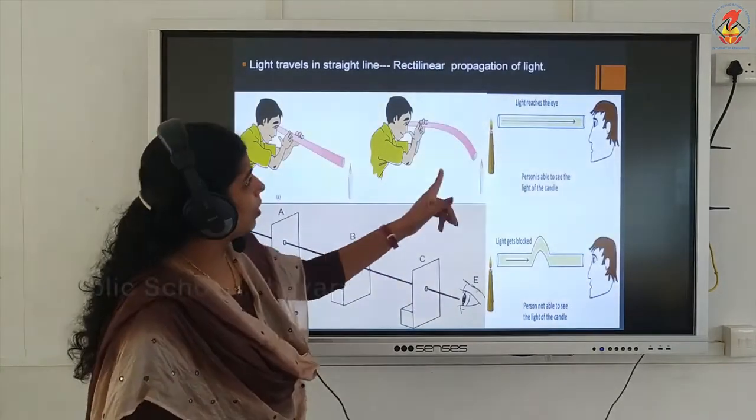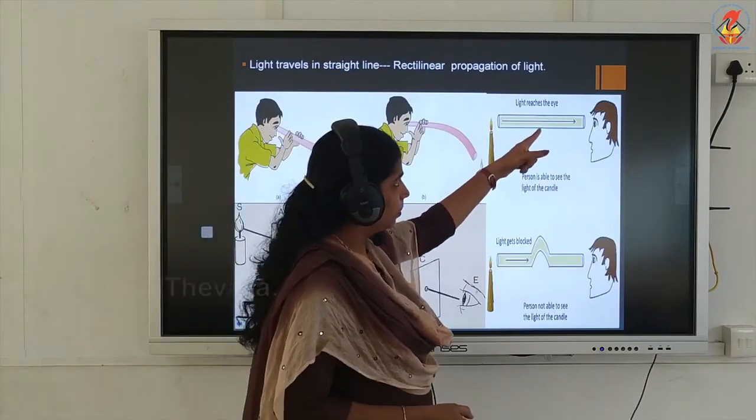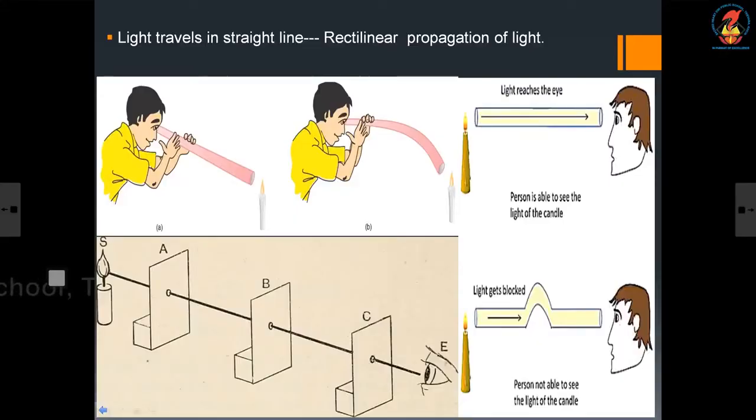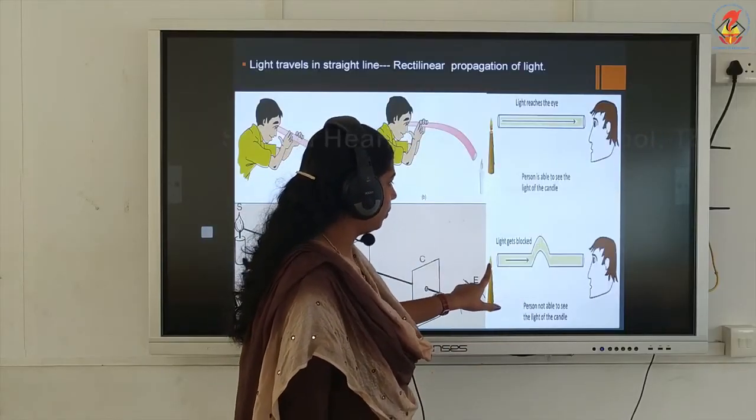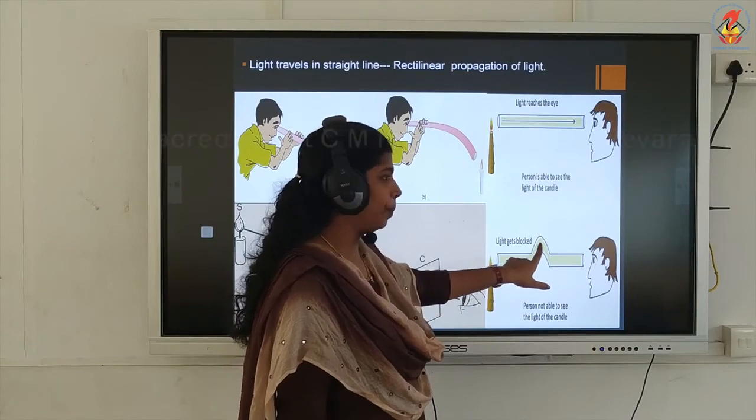Now, here also, it's a pipe. When you view through this pipe, you can see the flame of this candle. Now, when this pipe is in a bent form, we will not be able to see the candle flame when we view through it.